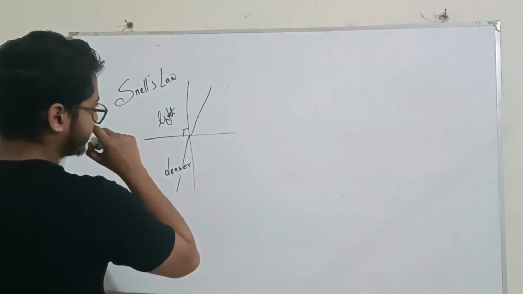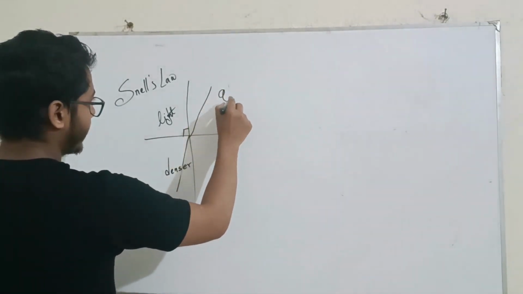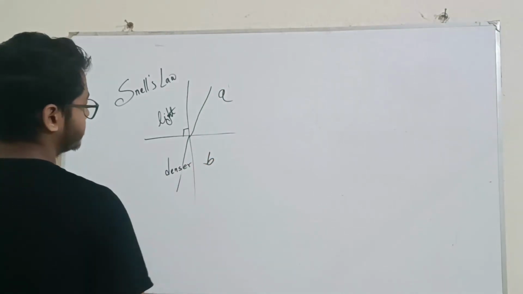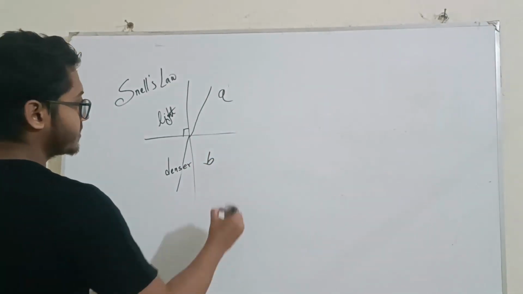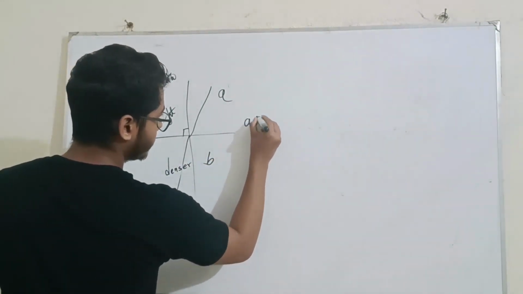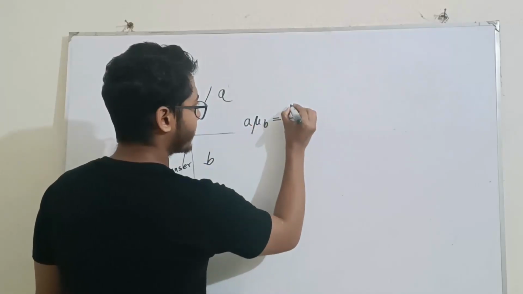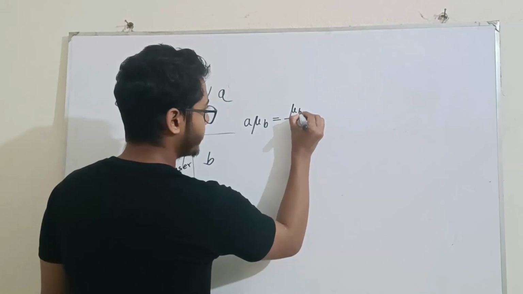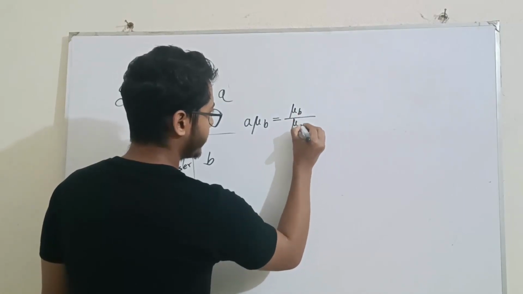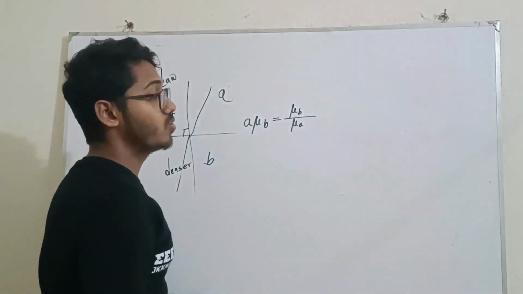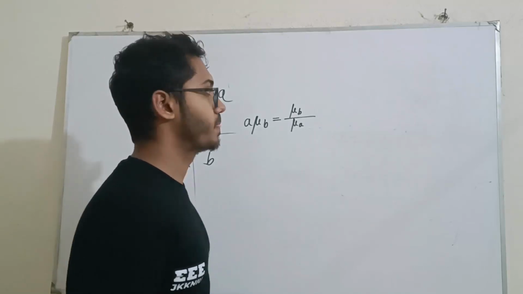So suppose the light is coming from medium A to medium B. If we write A nu B, we can write the refractive index of medium B by the refractive index of medium A with respect to vacuum.